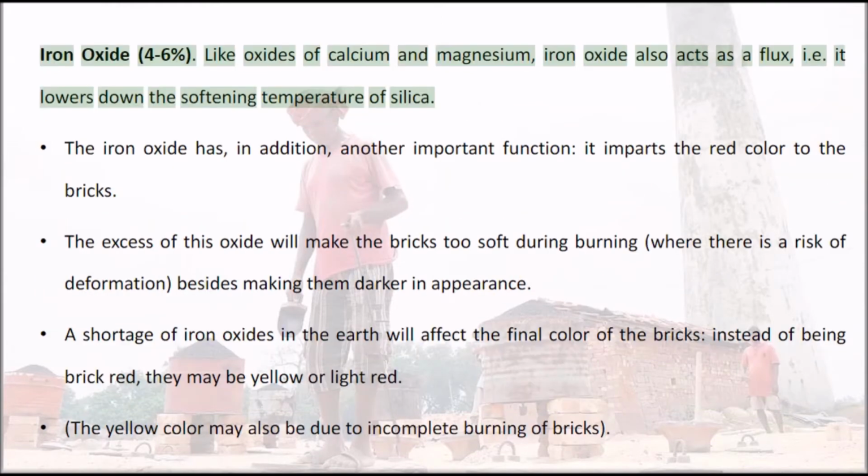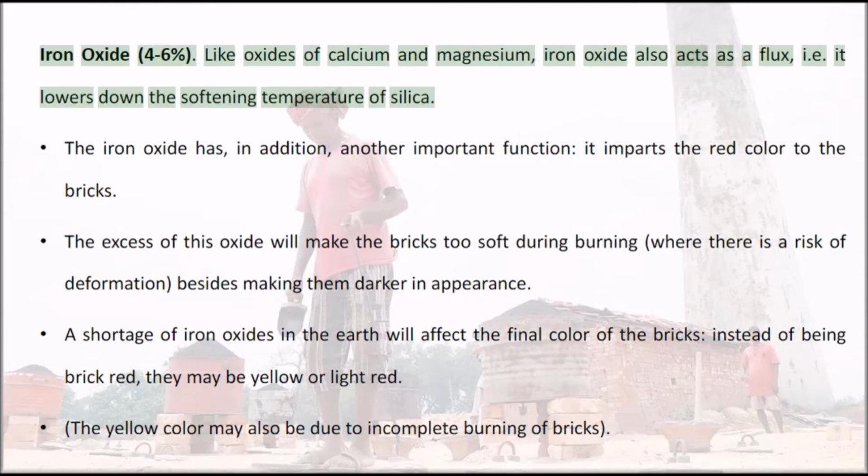Iron oxide, 4 to 6%. Like oxides of calcium and magnesium, iron oxide also acts as a flux, i.e. it lowers down the softening temperature of silica.